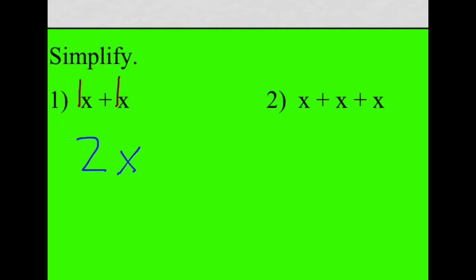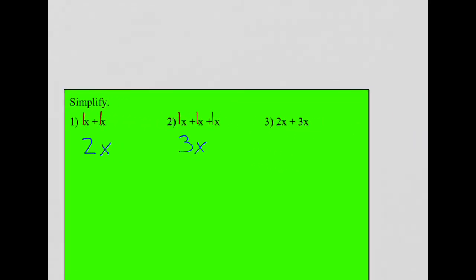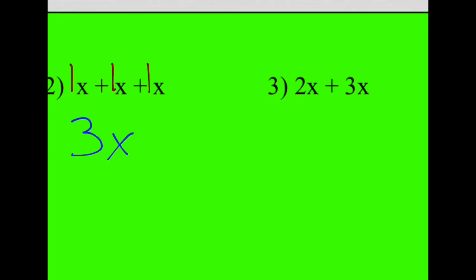And in number 2, even though I don't see it, in front of each of those variables, there's a 1. If I combine those like terms, I have 3x. And then when I get to number 3, I have 2x, I have 3x. If I combine those, I have a total of 5x.